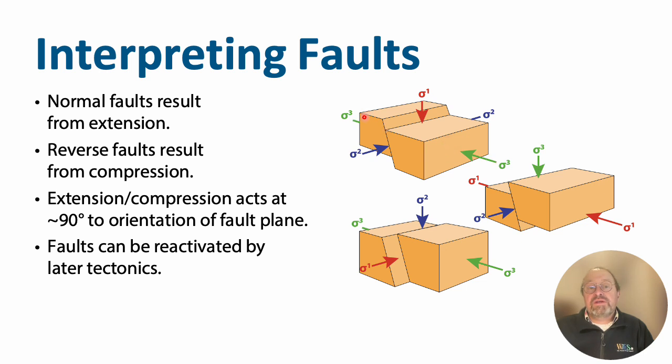So this is essentially like an extensional rather than a compressional feature. In the normal fault, the vertical axis here, that's the sigma 1, the greatest stress. Compressional stress is vertical, essentially pushing down the hanging wall block.